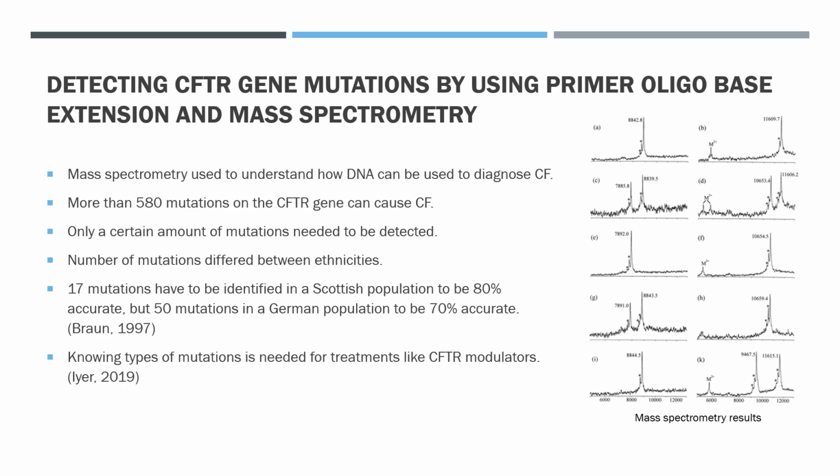So for example, in a Scottish population, only 17 mutations need to be detected for the diagnosis to be 80% accurate, but for a German population, 50 mutations need to be found to be 70% accurate. So pinpointing the specific types of mutations is not only necessary for diagnosing CF, it is also necessary for the use of certain treatments like CFTR modulators, which I'll get into in a minute.